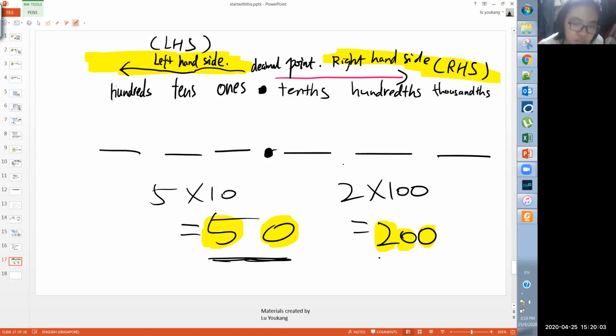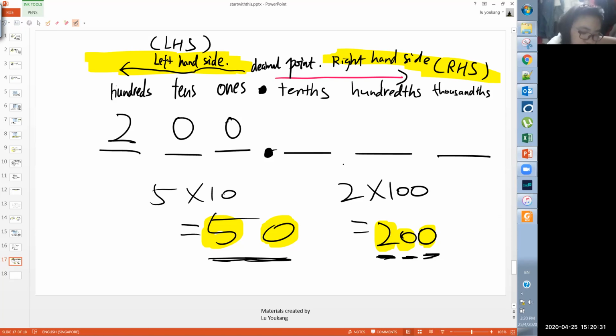The 100. Then where do you place this 0? The 10. Then where do you place the last one? The ones. Very good. Okay.